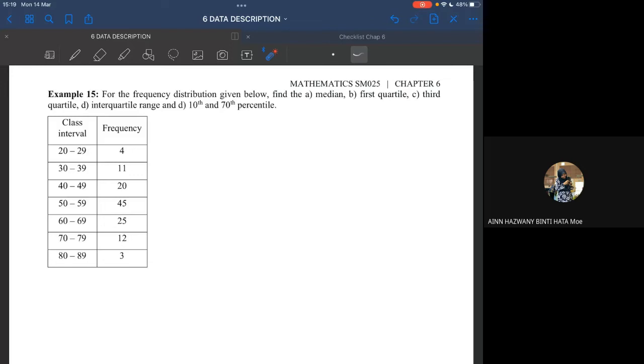So obviously we have to find the cumulative frequency dulu. Cuba cari cumulative frequency kamu. Sorry lah yang tak ada printed notes tu.